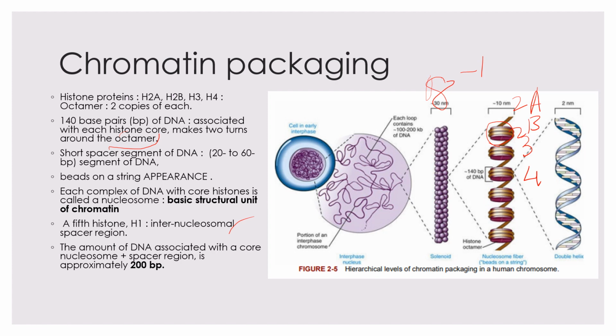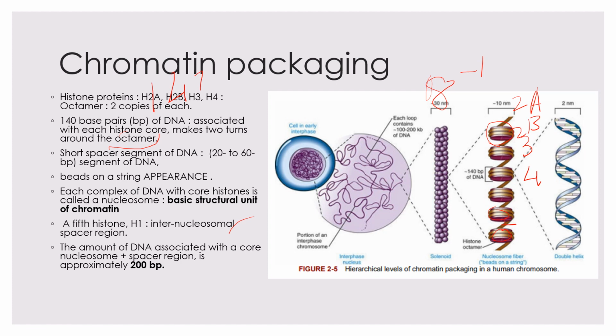Now, approximately around 140, to be precise, 147 base pairs of the DNA coil around this histone and make 2 turns around the histone. Before it moves on to the next histone, it leaves out a spacer DNA region.